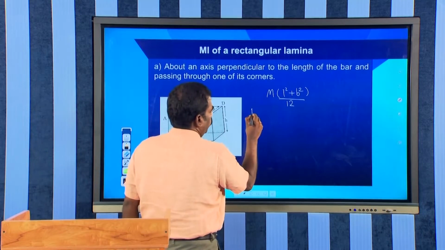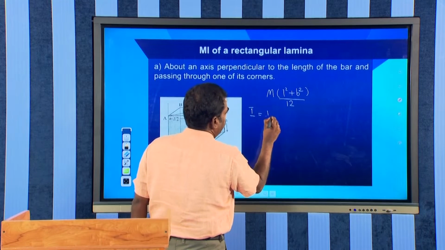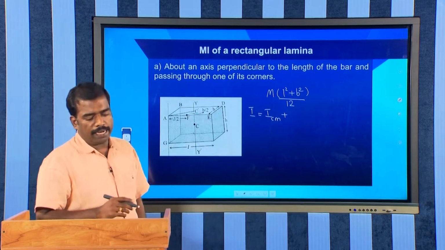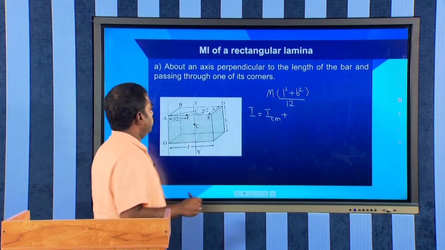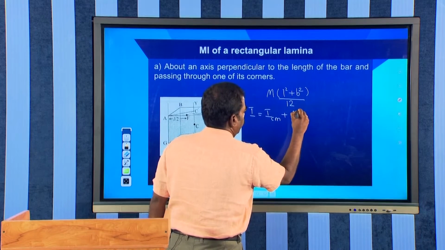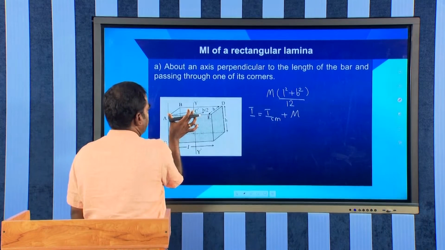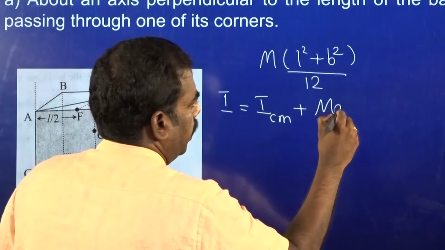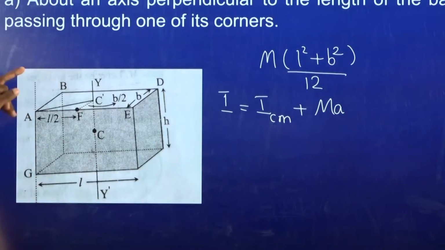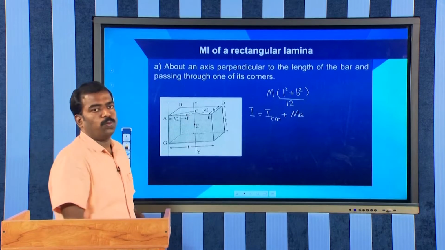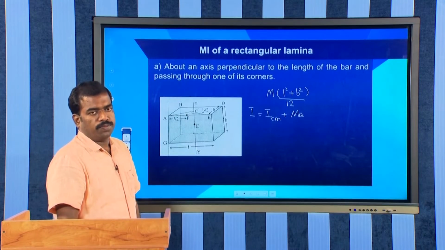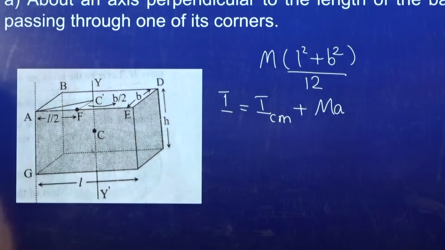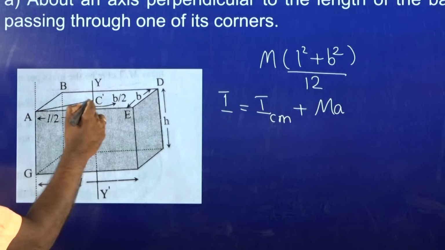I equals ICM plus the product of mass and the square of the distance between the axes. Let a be the distance between AG and y dash. We have to find what this distance a is, which is AC dash.